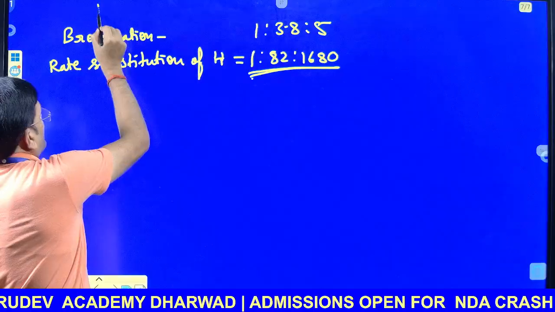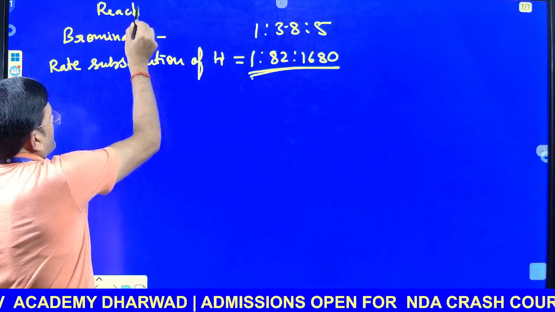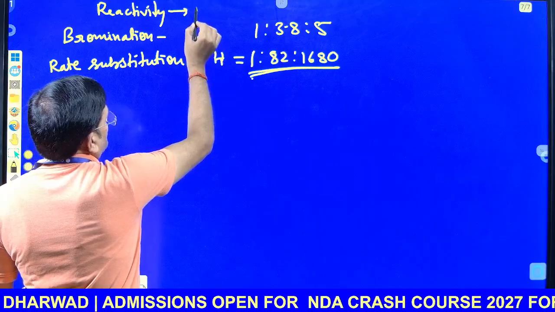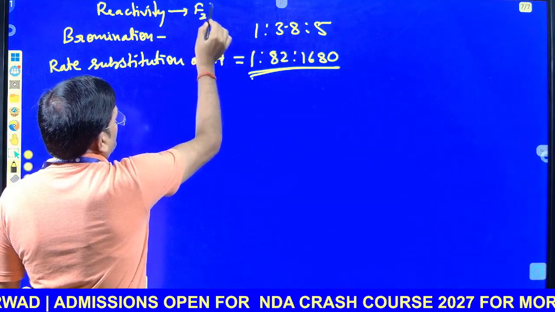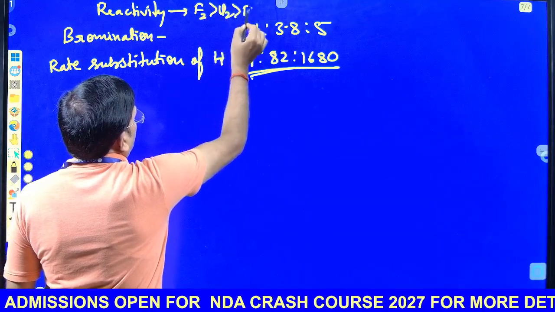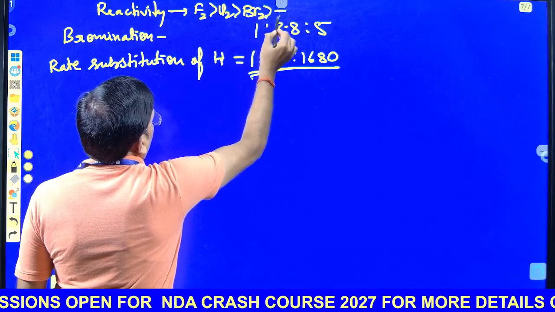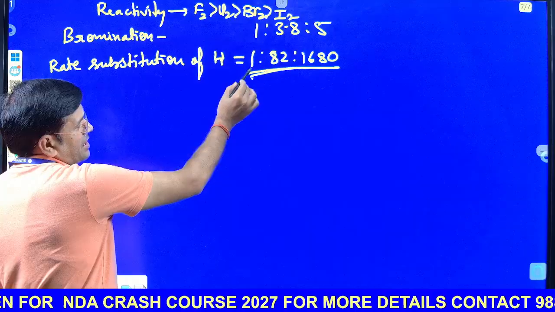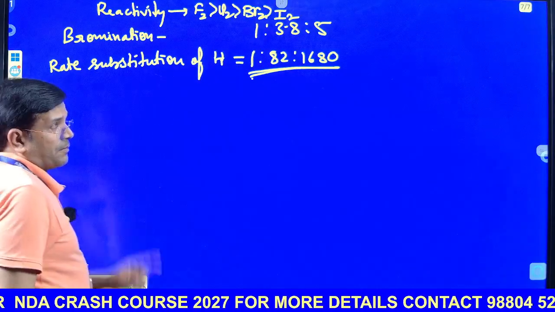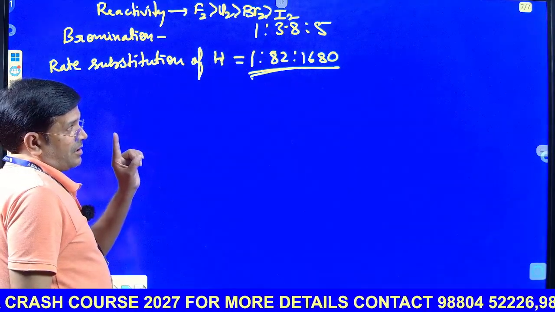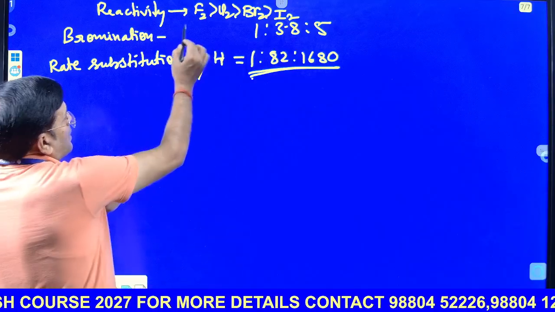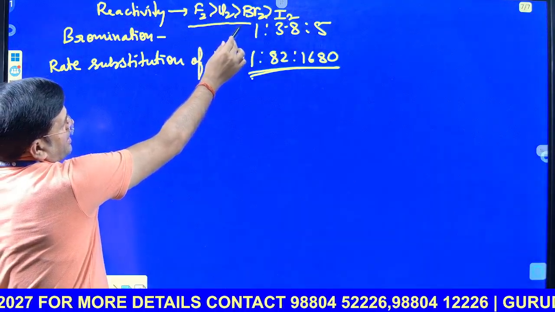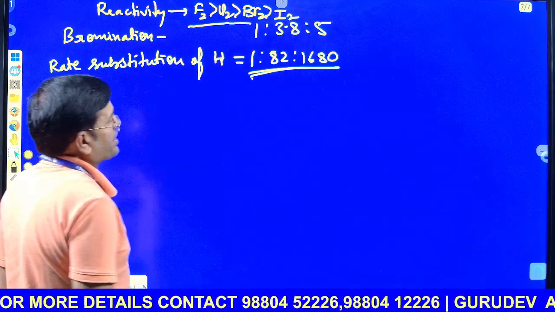The reactivity order for halogenation is fluorination, then chlorination, then bromination, then iodination, right? Never think of it that the rate of substitution is this one, but the speed of the reaction follows this order: fluorination greater than chlorination, greater than bromination, greater than iodination.